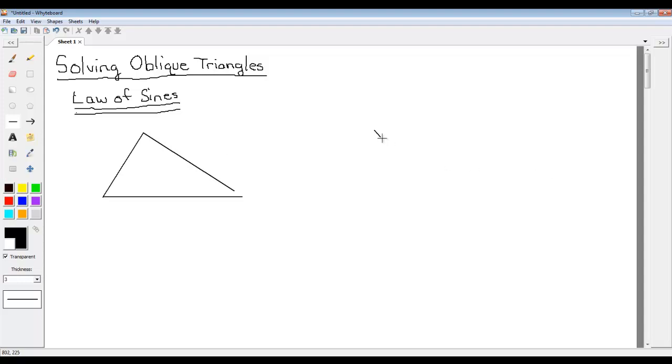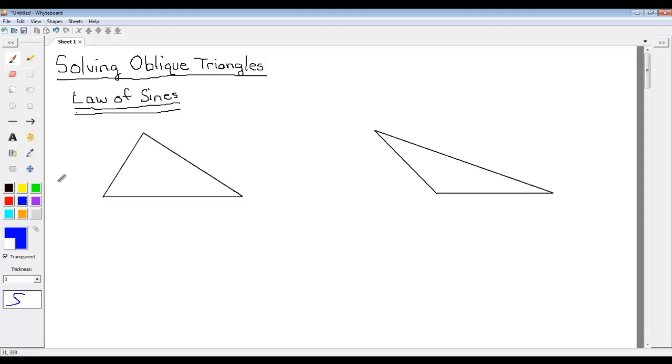And also if you have this one, I'll just finish connecting the dots there. Both of these are oblique triangles. Neither one's a right triangle.